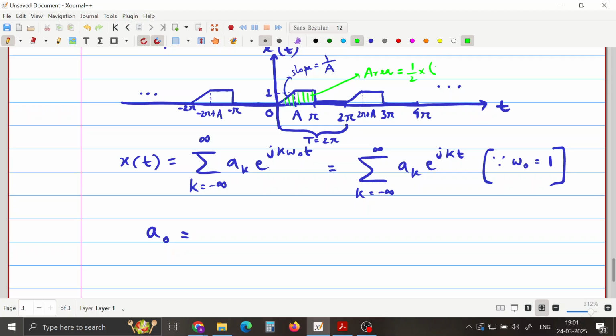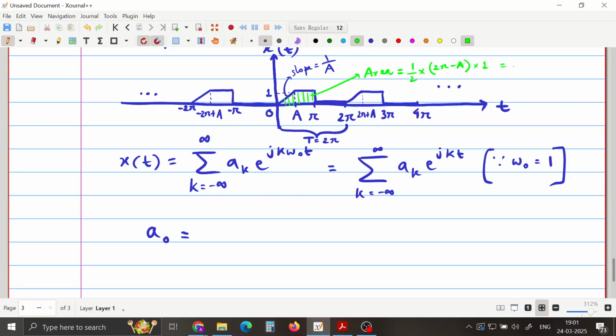So the sum of them is pi minus a plus pi, which is 2 pi minus a, and the perpendicular distance between them is 1 unit, so it's simply 1.